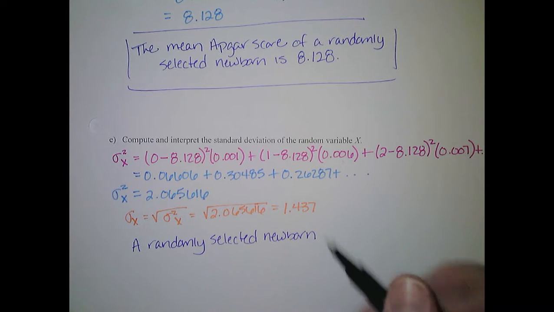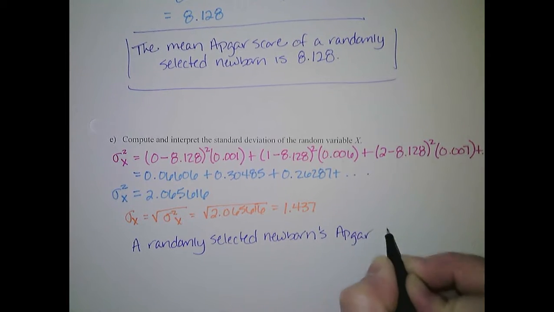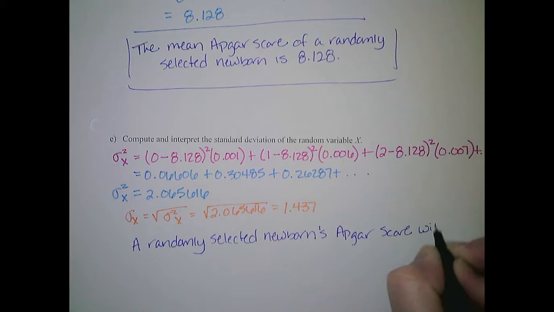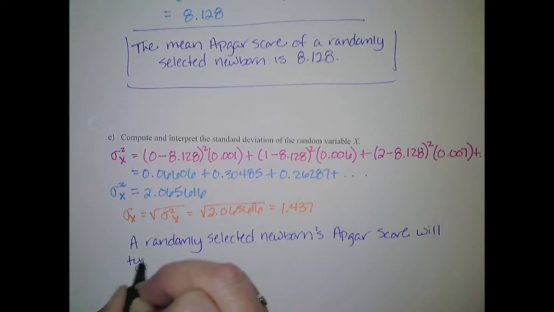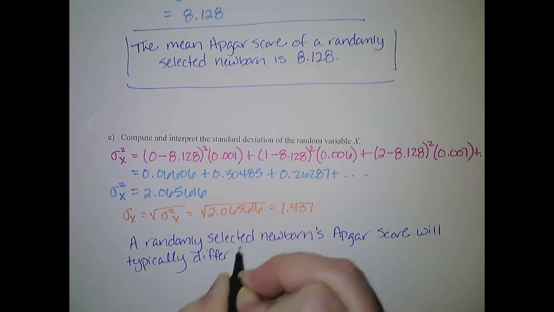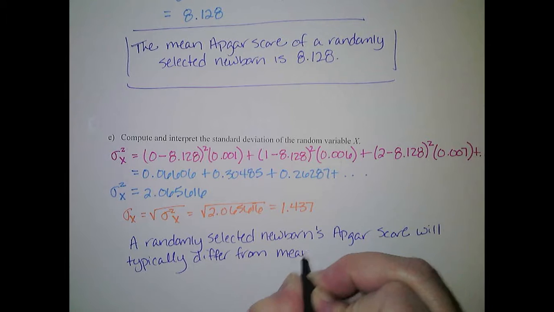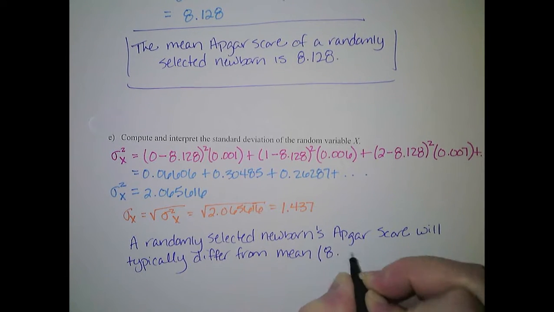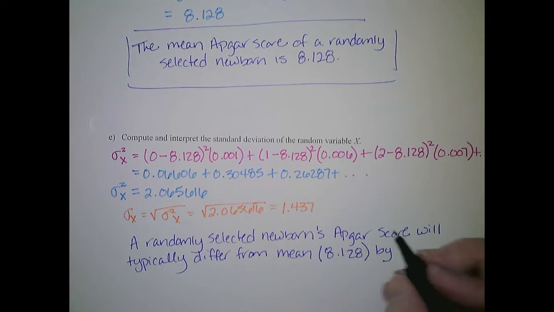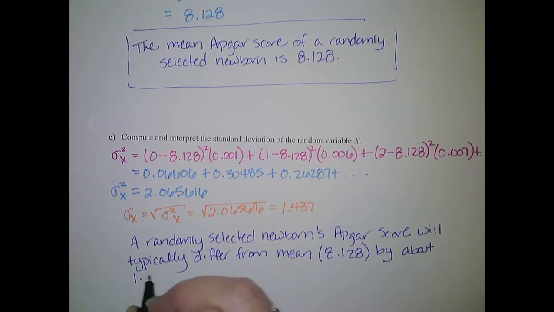So a randomly selected newborn's APGAR score will typically differ from the mean, which we said was a score of 8.128, by about 1.437.